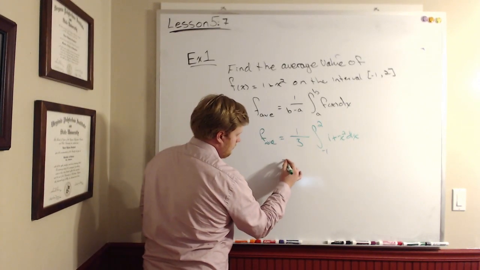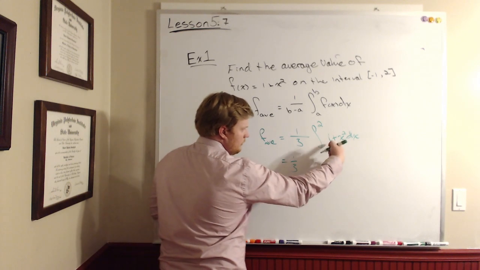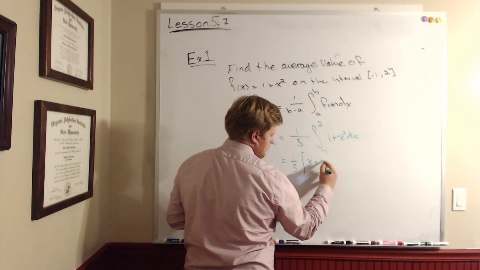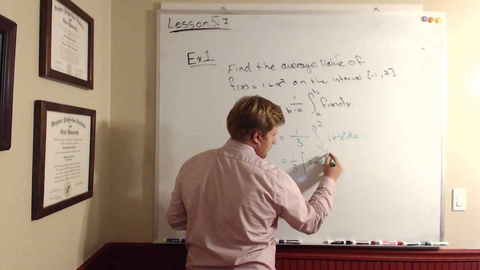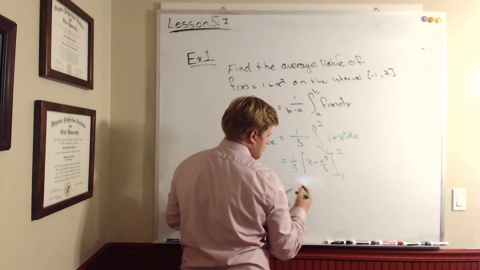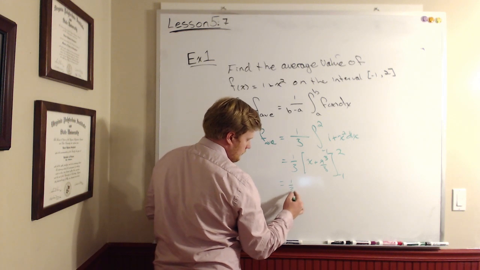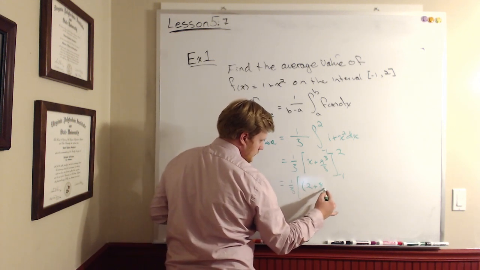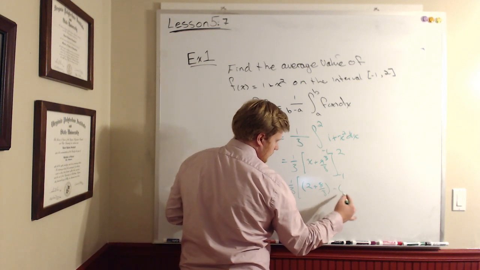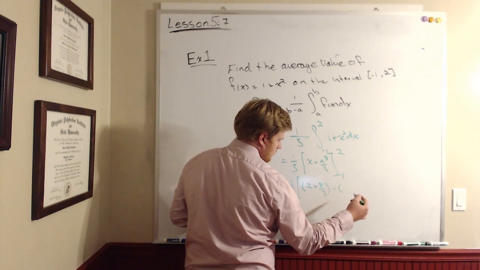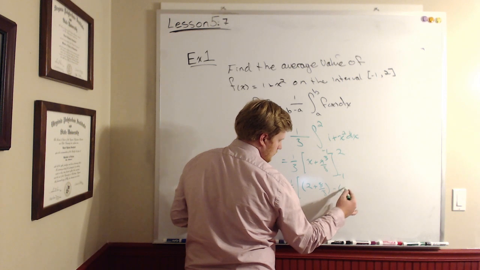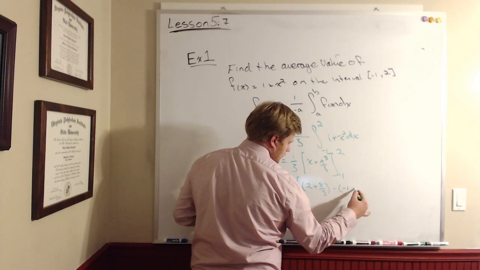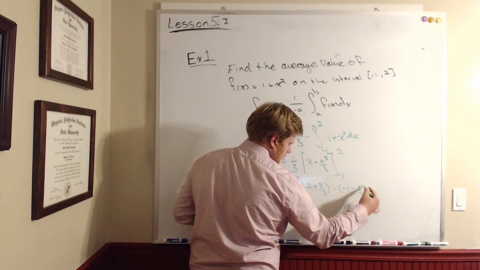All right. So the integral of 1 plus x squared is x plus x cubed over 3 from -1 to 2. So we get 1/3 times 2 plus 8 over 3 minus -1 minus 1 over 3.